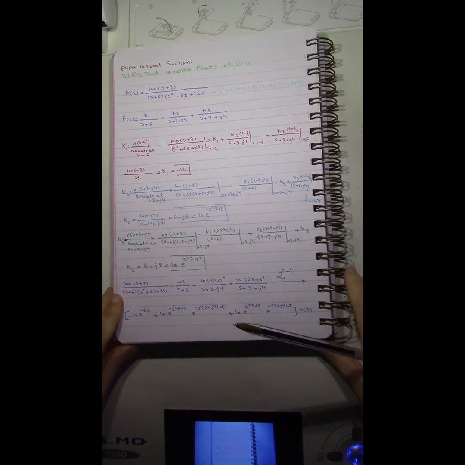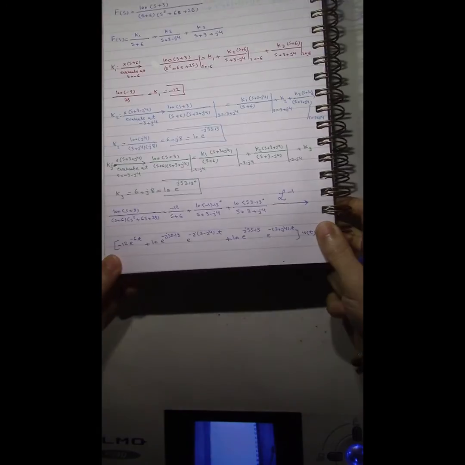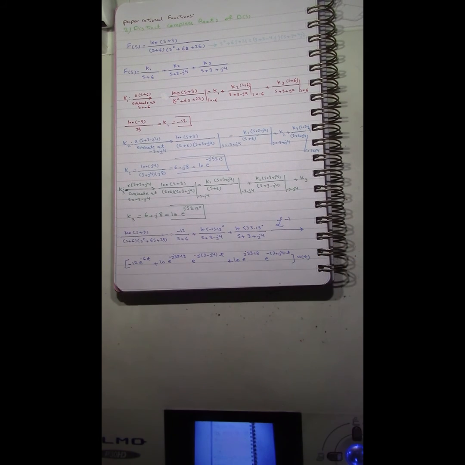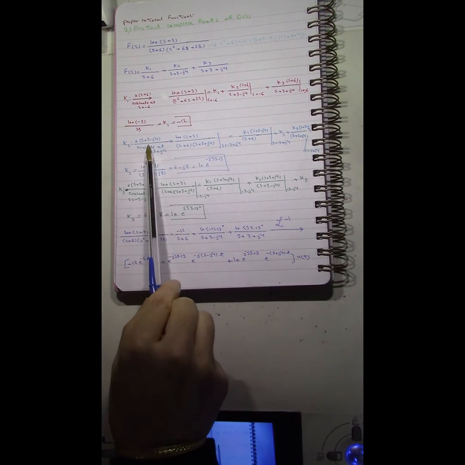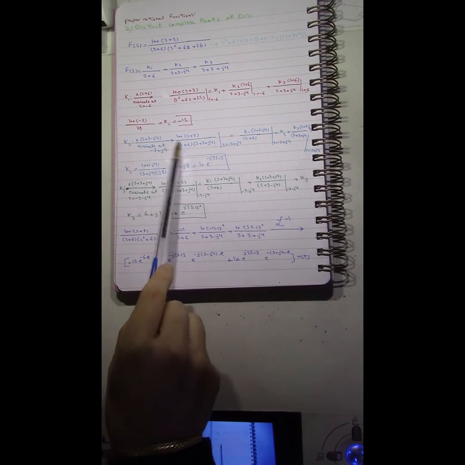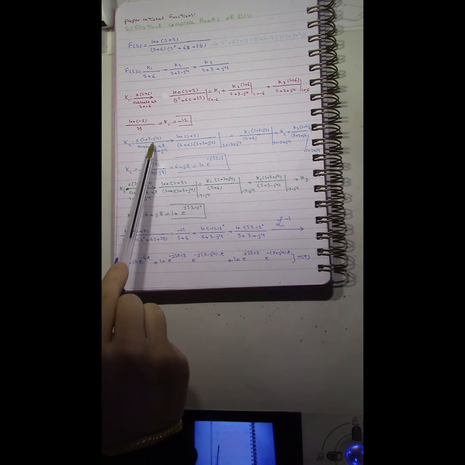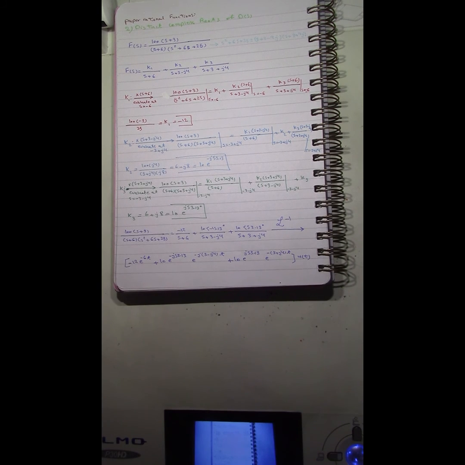For K2, again multiply both sides of the equation by s plus 3 minus j4 and evaluate it at minus 3 plus j4, both sides of the equation. The same procedure.